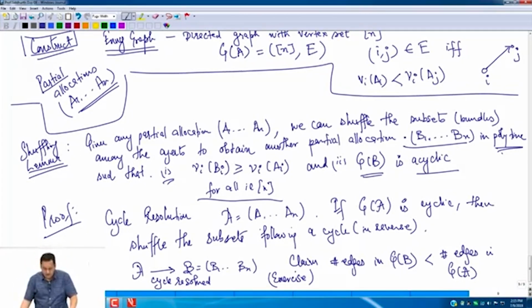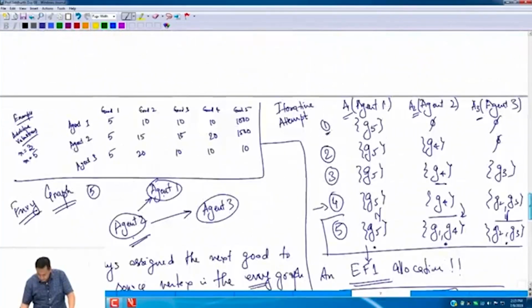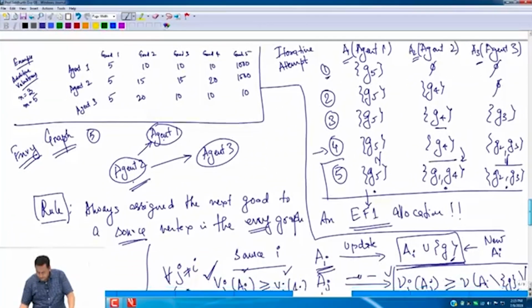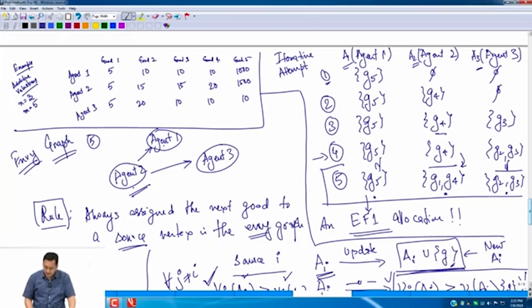Yes, yeah. So again, repeat myself. When I say the allocation is partial, I mean not all goods have been assigned. It would become a bit of a hairy example, but say I could have been in a stage where G1 is still not assigned, and so this is my partial allocation.